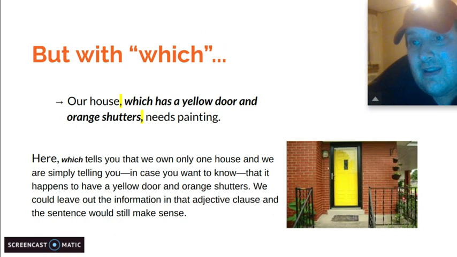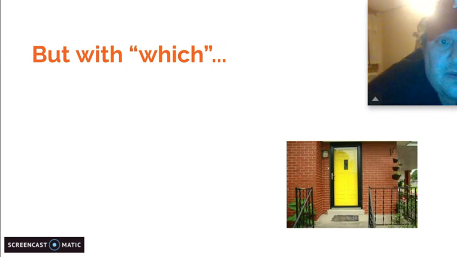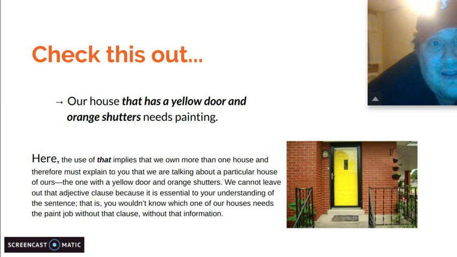Whereas in the previous example with that, we had to specify that we had one particular house out of others that needed painting, right? This means this here, our house that has a yellow door and orange shutters needs painting. That means we have several houses, but one of them needs painting. And therefore that here is essential.